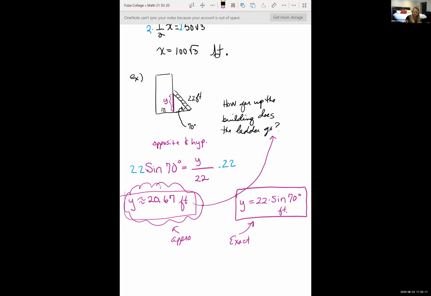Which makes more sense? If someone told me that the ladder was 22 times sine 70 degrees feet up the building, I'd look at you funny, right? You probably look at them funny too. That doesn't really give you much information, but approximately 20.67 feet definitely makes more sense.